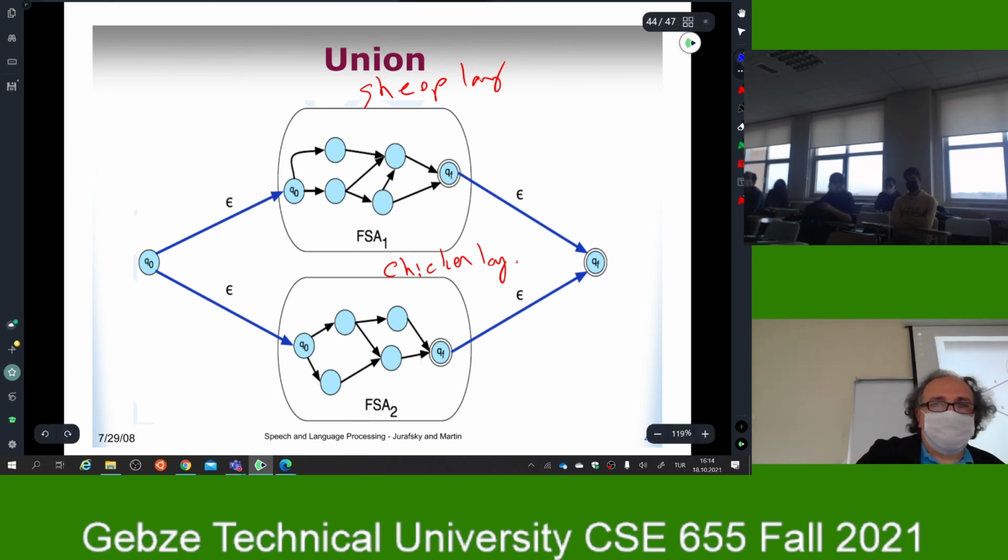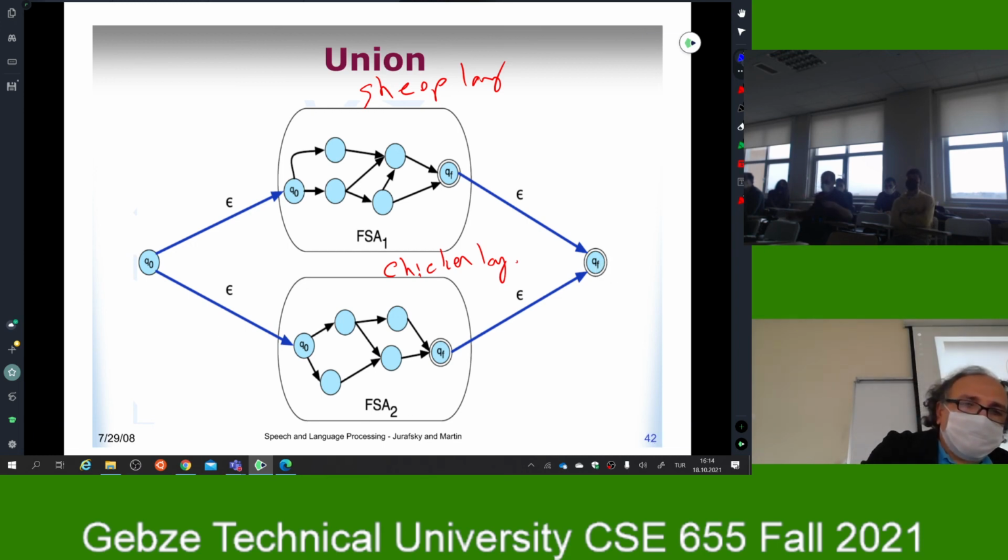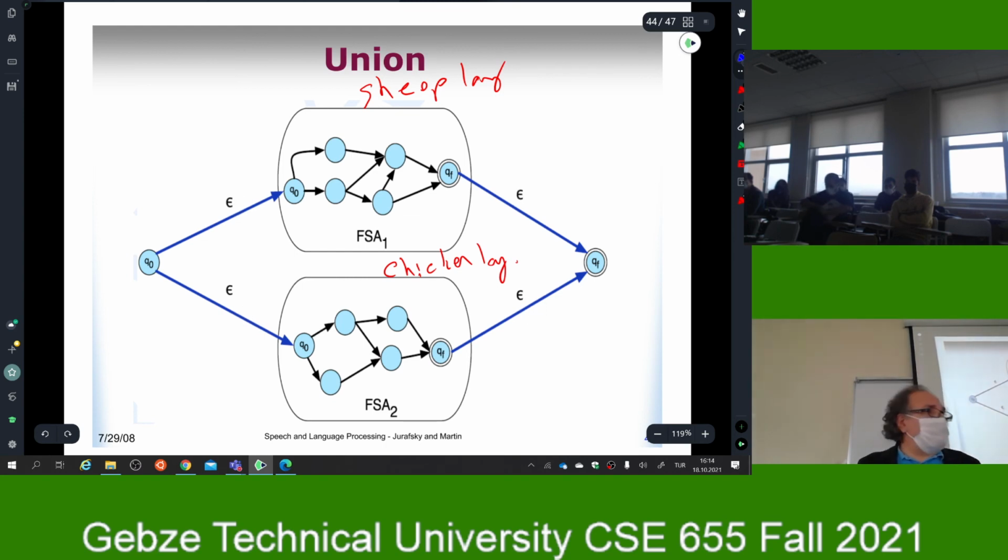It's called union. Finite state automata 1 is here. Automata 2 is here. I am going to add one pseudo, fake start state and fake final state, and connect these to the two finite state automata using empty transitions, or epsilon transitions. This one is a deterministic finite state automata, and this one too, but the whole thing is non-deterministic.